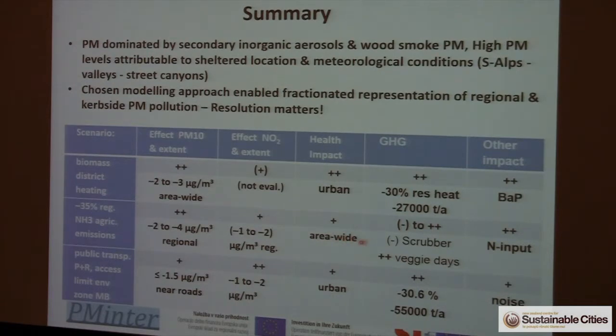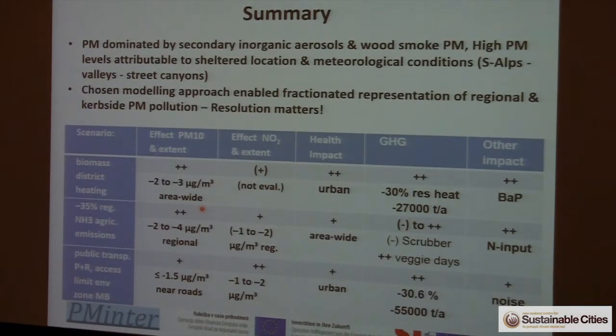And concerning the efficiencies of the scenarios, I have listed the three most efficient ones. So one is the biomass district heating, where I have a high efficiency in reducing greenhouse gases, but also I can reduce area-wide on an urban level 2 to 3 micrograms per cubic meter.